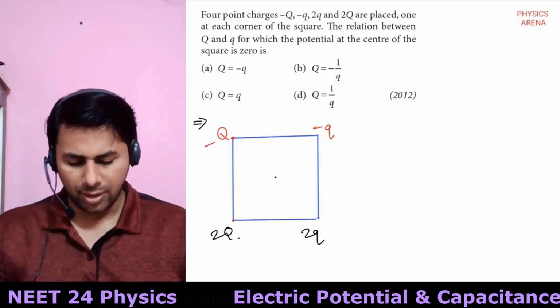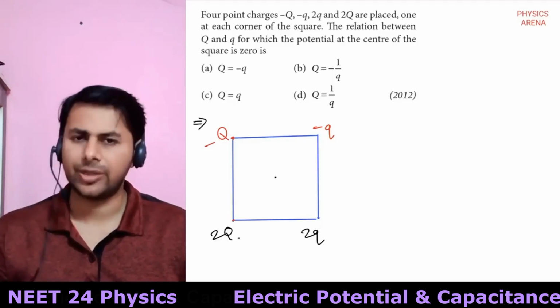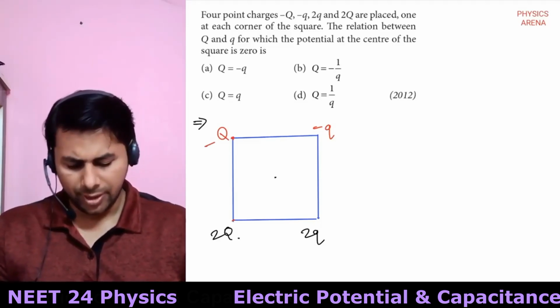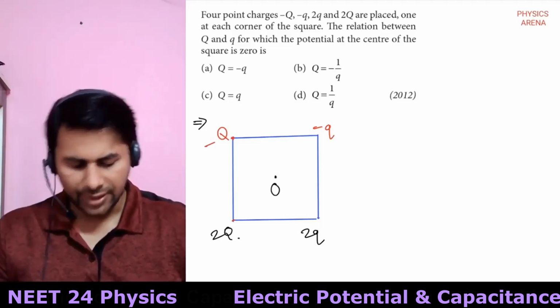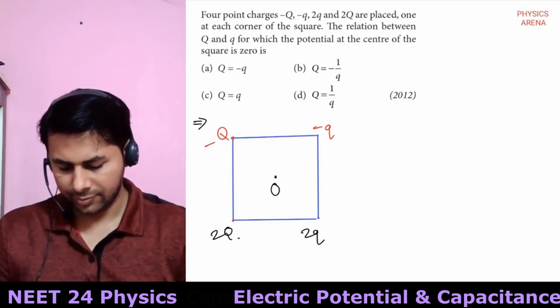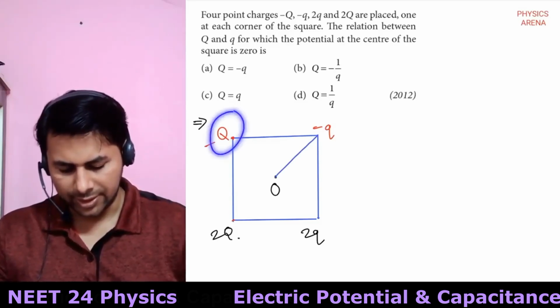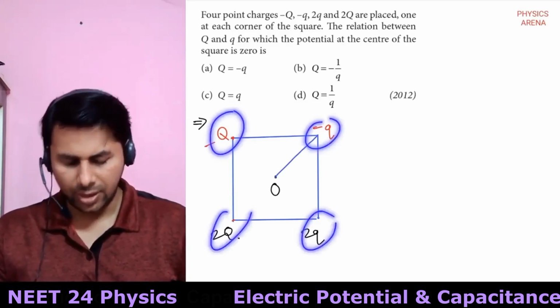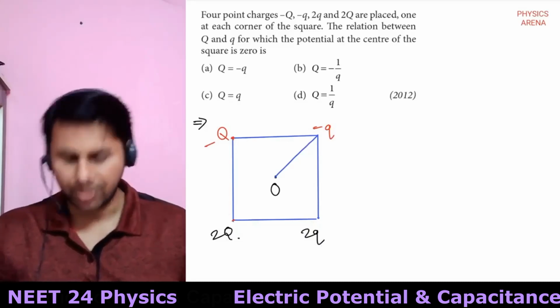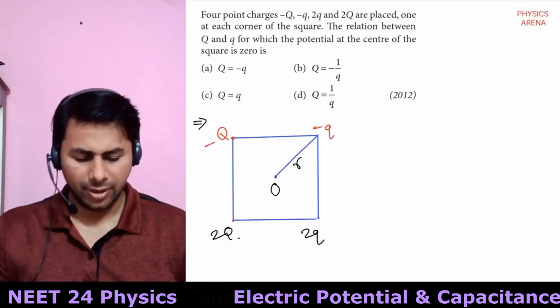What is the relation between capital Q and small q? Can you say that the center is at the same distance from all the charges? Because all charges are at the four corners of a square, the distance to the square's center would be the same.